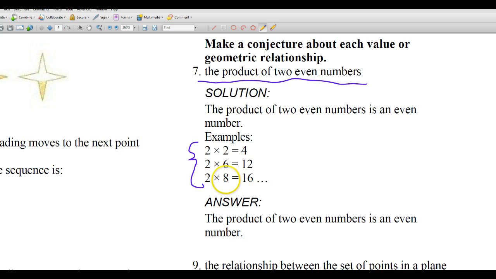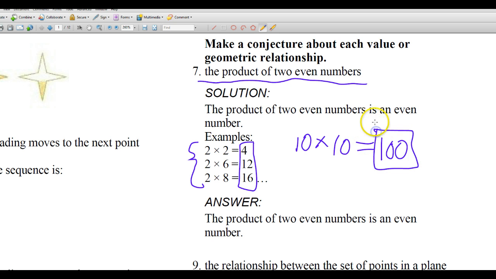Test another pair, 2 times 8, we get 16. And you don't have to do 2, you could do anything. 10 times 10. Okay, we get 100. So the thing that we want to observe are these numbers and what is always true about them. And that would be our conjecture. So the product of two even numbers will be an even number.